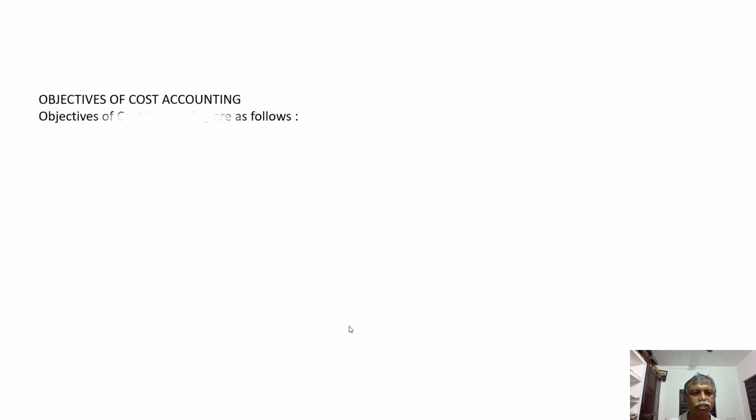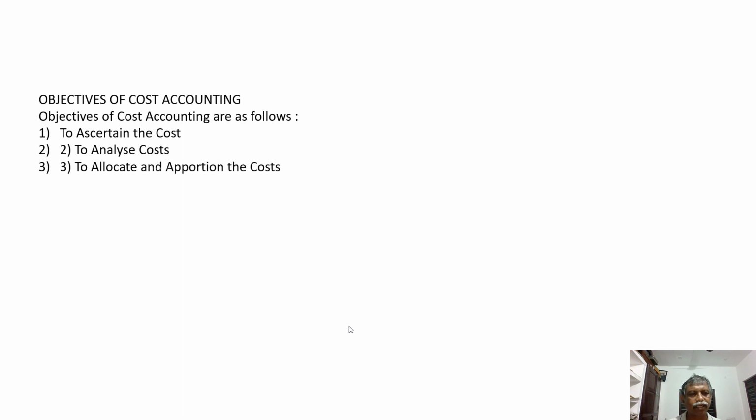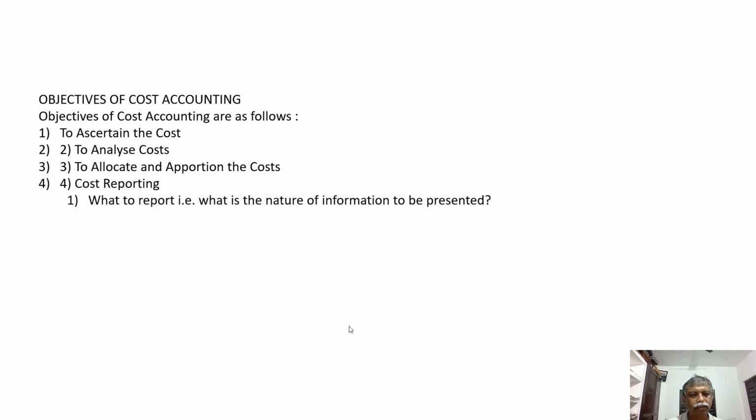Now what are the objectives of cost accounting? Objectives are: 1, to ascertain cost. Okay. So ascertain cost means to determine cost. 2, analyze the cost, calculate it. 3, allocate and appropriate the cost. 4, cost reporting, report to the management.